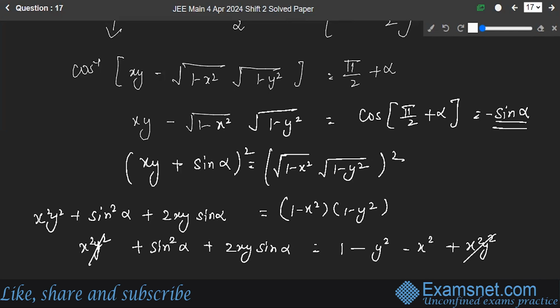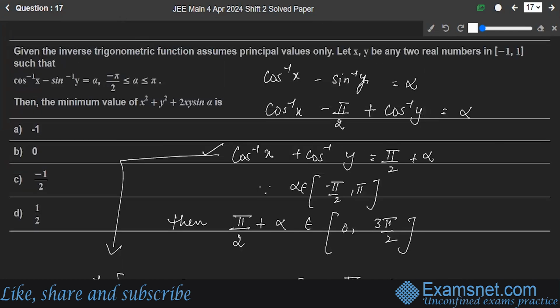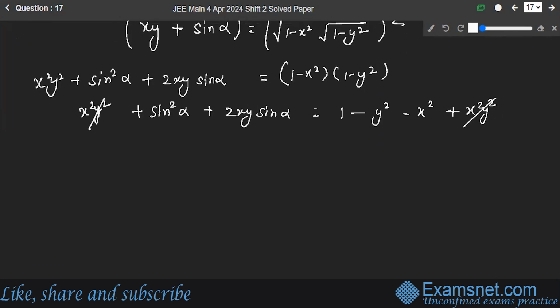They will cancel out, and taking these terms on the right hand side, x square plus y square plus 2xy sine alpha is equal to 1 minus sine square alpha, which is cos square alpha, right?